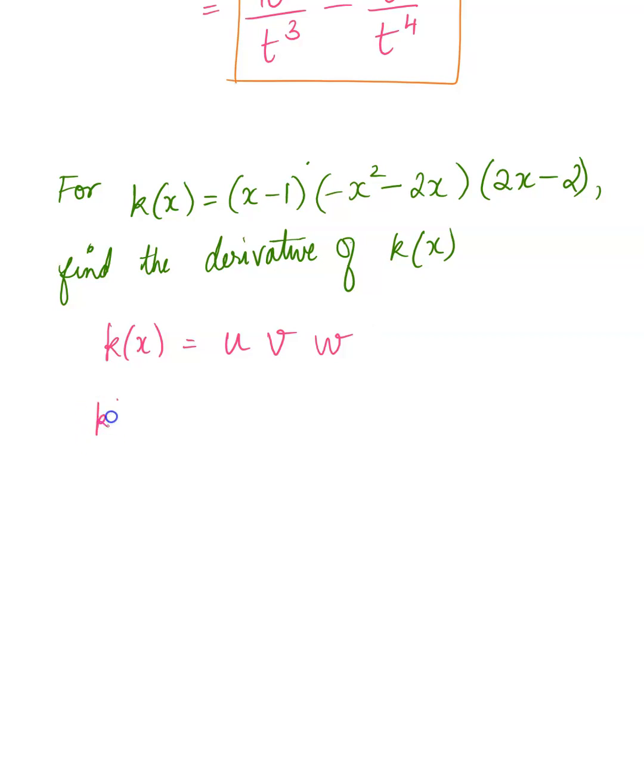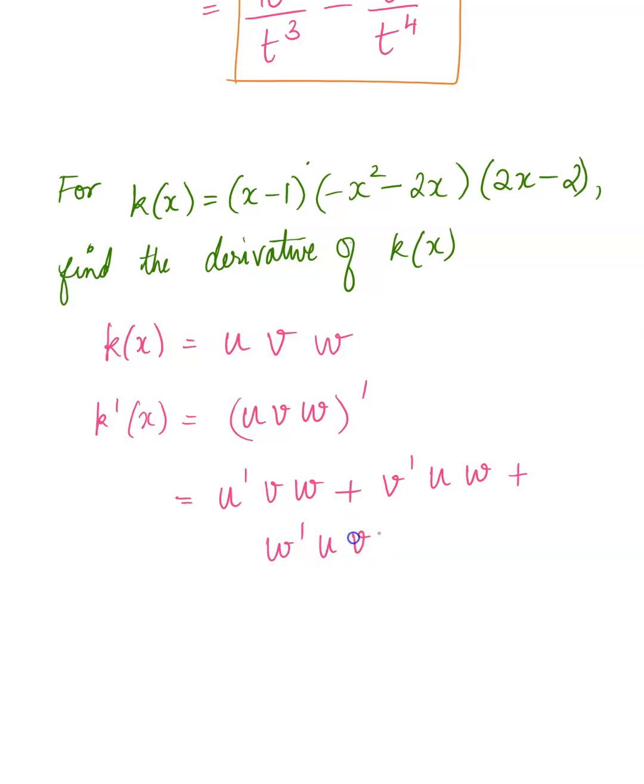So if I have to find k prime of x, which is (u v w) prime, that is done by doing this. That will be the derivative of the first one times v times w, plus the derivative of the middle one times u times w, plus the derivative of the third one times u times v. That's it. So that is what we're going to do here.